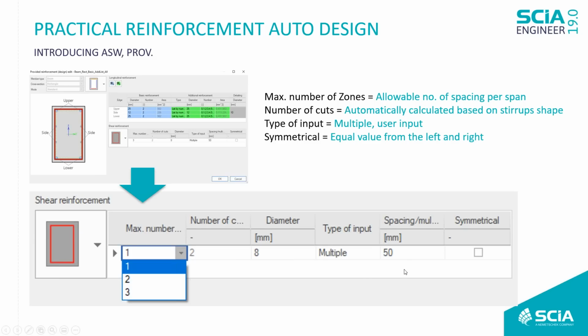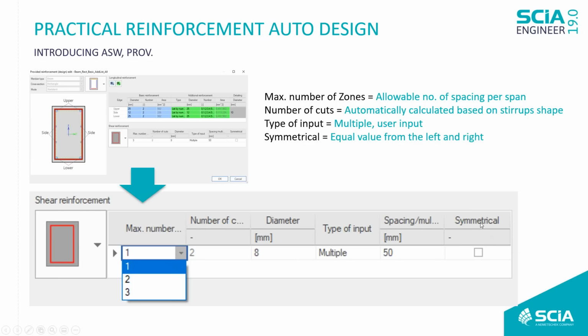So I need to make it somehow practical, and then you can introduce the value here. Another option for more practical users, people who always use the same spacing: instead of multiply, you can choose user input, where you can input the values by yourself, and then SCIA will use those values automatically for you.